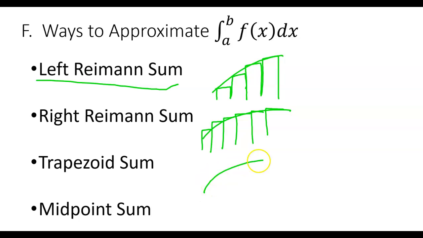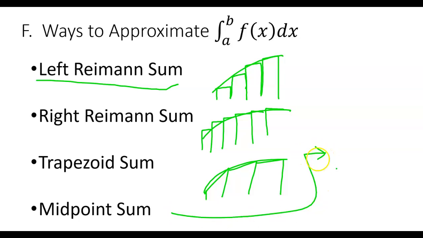With a trapezoidal sum, that's where you draw trapezoids under the curve instead, and those are typically better estimations. And then with a midpoint sum, I'll draw that one over here. That's where the midpoint of the rectangle is on the curve.